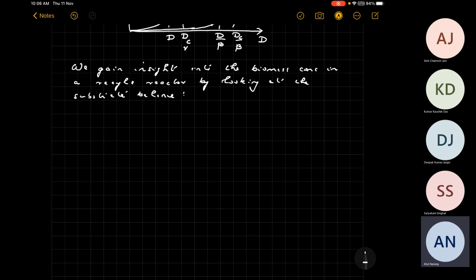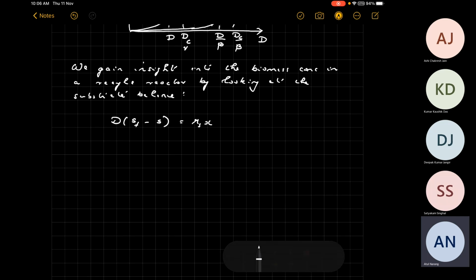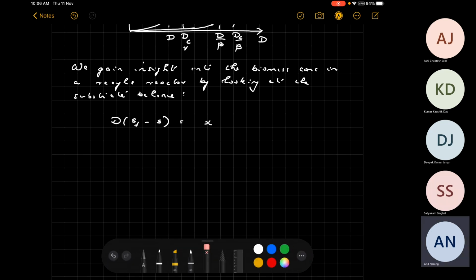and that balance says that D times (SF minus S) equals RS times X, but we have assumed RS to be equal to mu over YSX. So it is mu divided by YSX multiplied by X. This is the relationship we have.